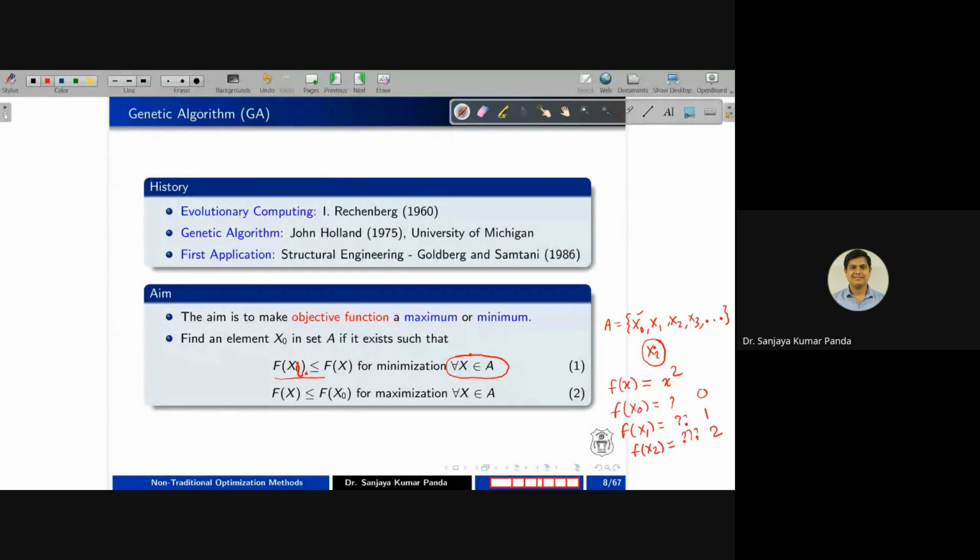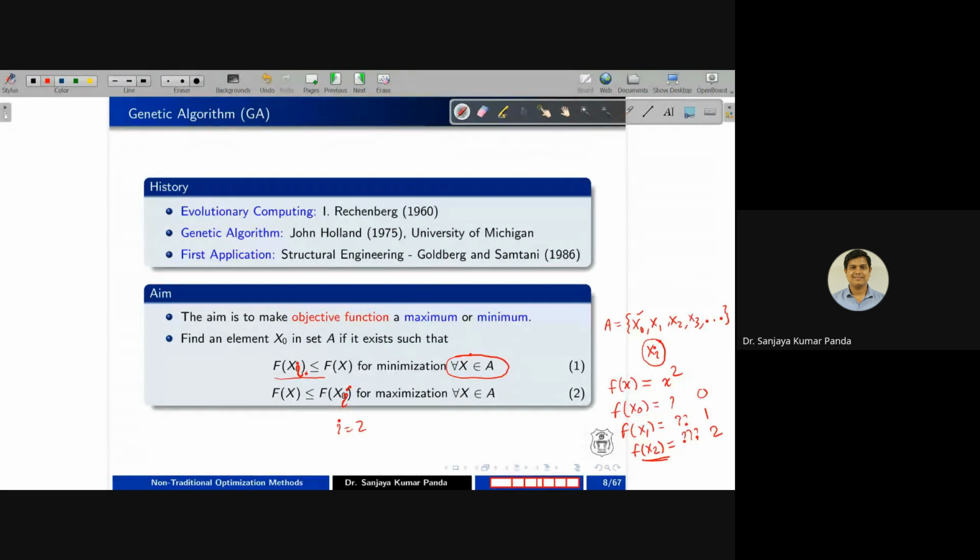But when you go for a maximization problem, similarly, you take a set of values and find a particular value where you can claim that f of x is less than or equal to f of x0. For example, let's say in the f of x2 case you got the highest value. I am considering this as i, and I am saying i is equal to 2, where you will get the maximum value.